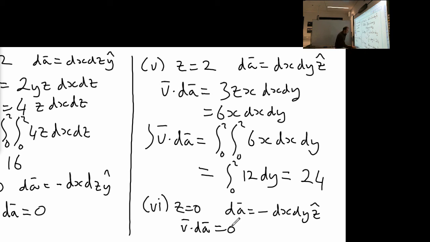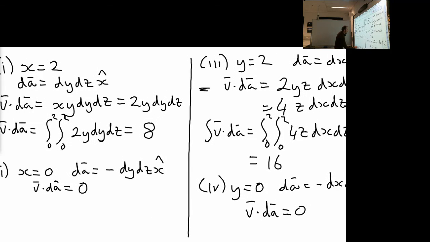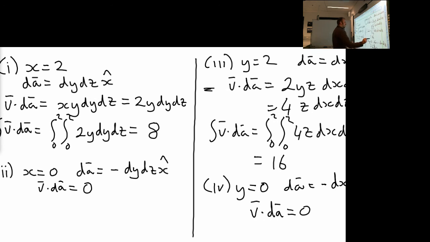Okay, so essentially now we've completed everything, and what we must do now is sum this up. So we get 0 plus 24, 24 plus 16 gives us 40. With that 0, we're still at 40.